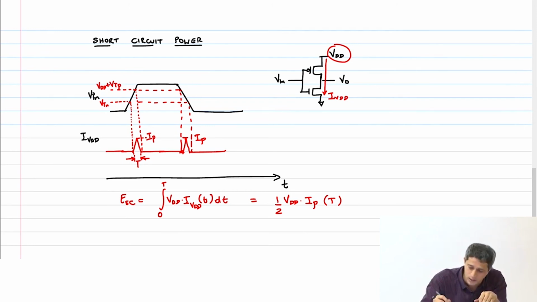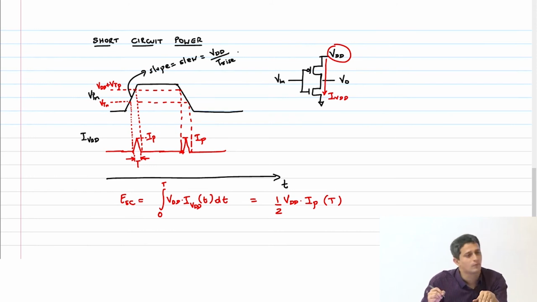Let's assume that this slope, or it's also called slew, is VDD by T rise, and this slope is VDD by T fall. So let's assume T rise equal to T fall. So can you tell me what the answer is for the short circuit power? I mean energy.